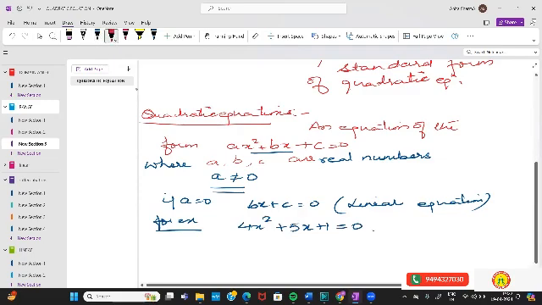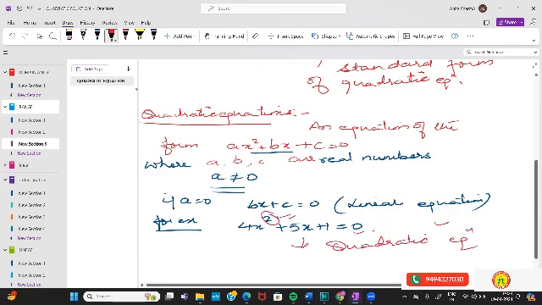If in your exam the question comes, check whether the following equation is a quadratic equation or not, what you have to do is just check the highest power of x. If the highest power of x is 2, that means it is a quadratic equation.